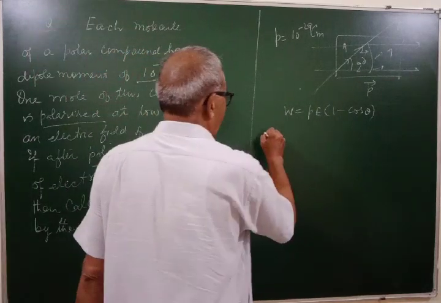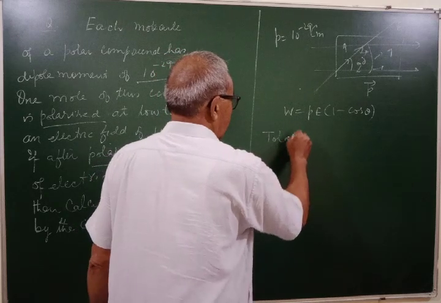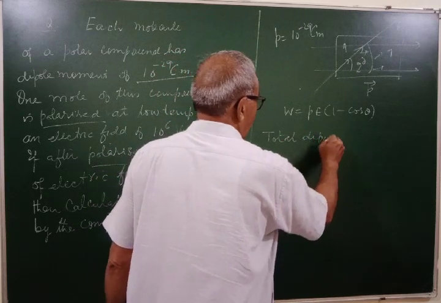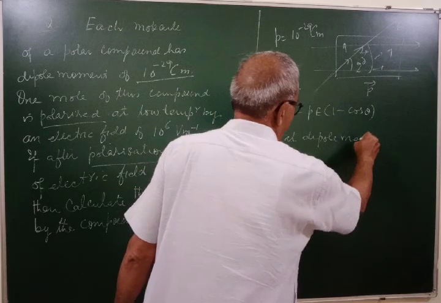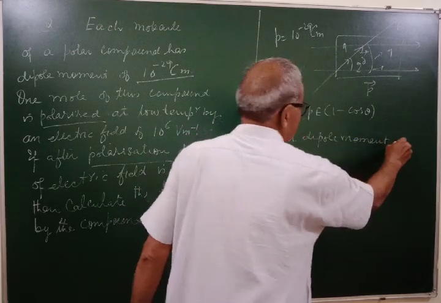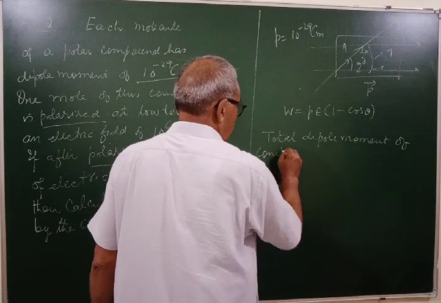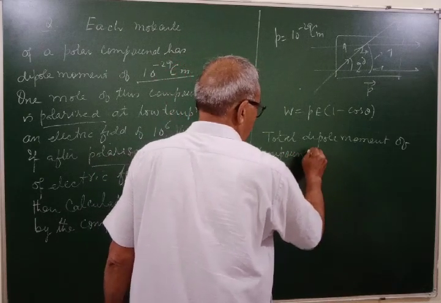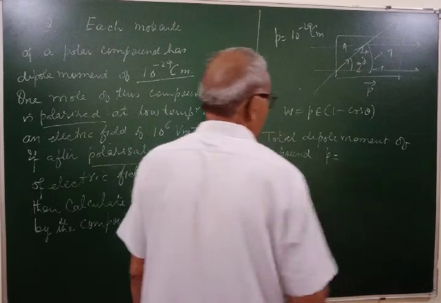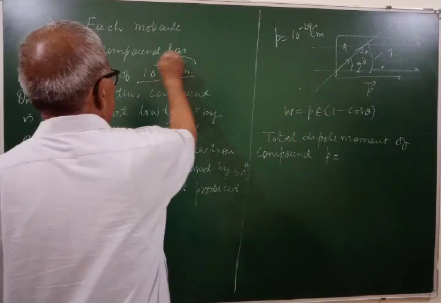But what will the total dipole moment be? Total dipole moment of the compound, P, equal to each molecule's moment times the number of molecules.